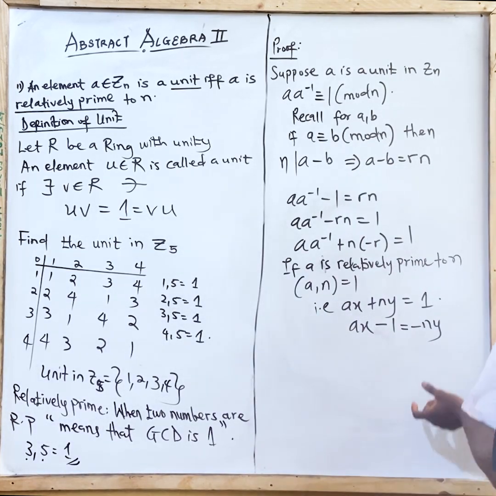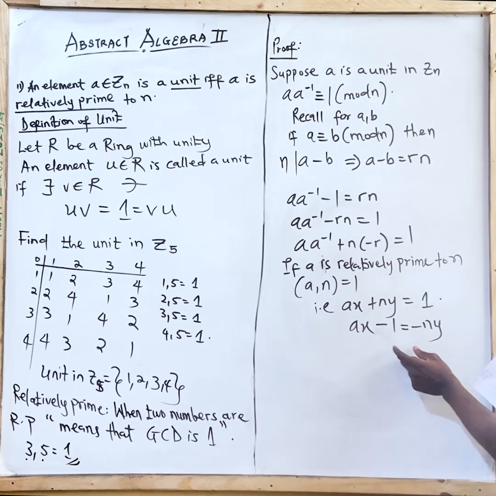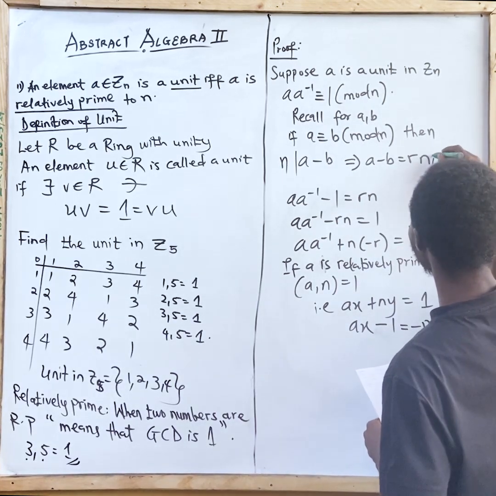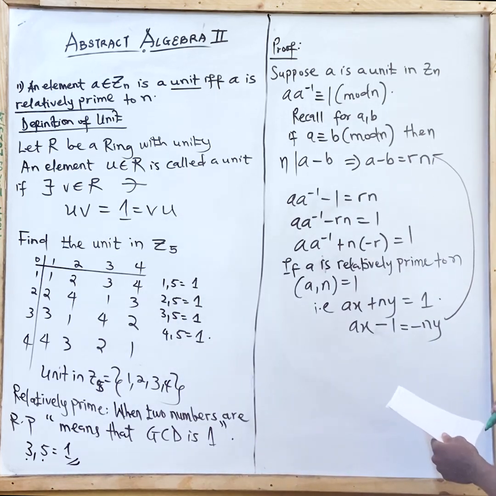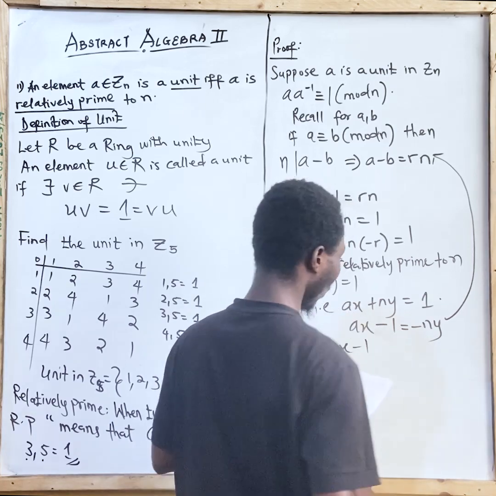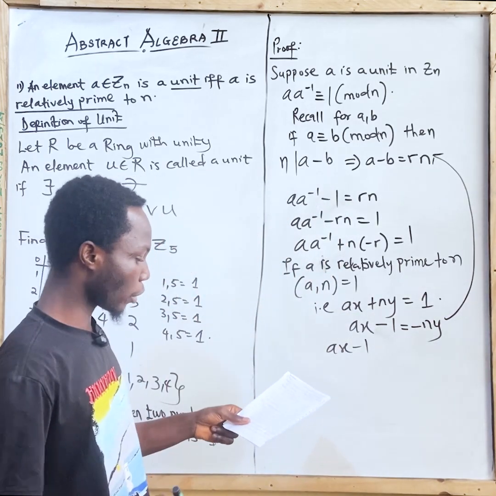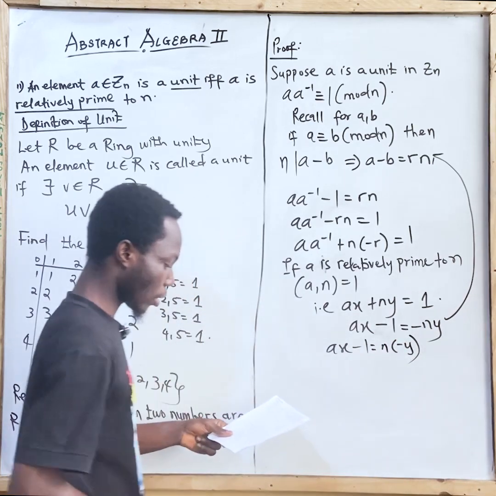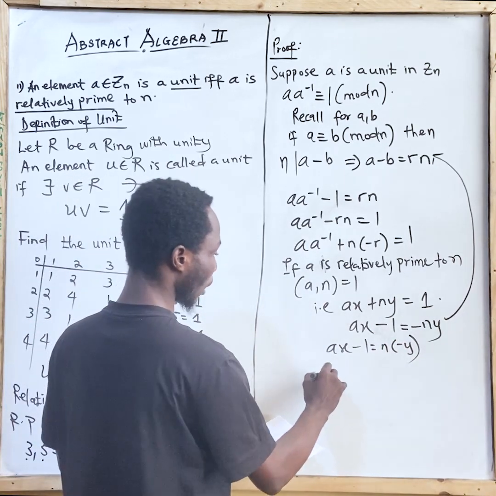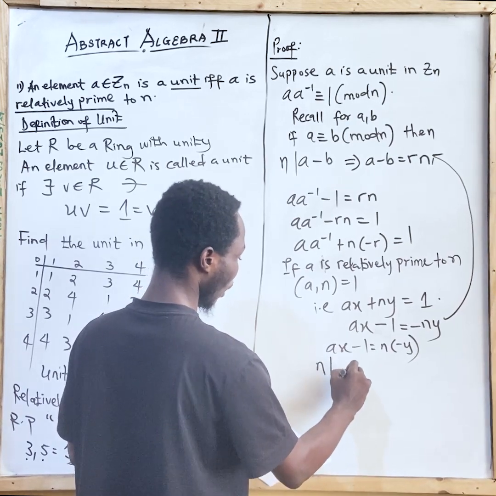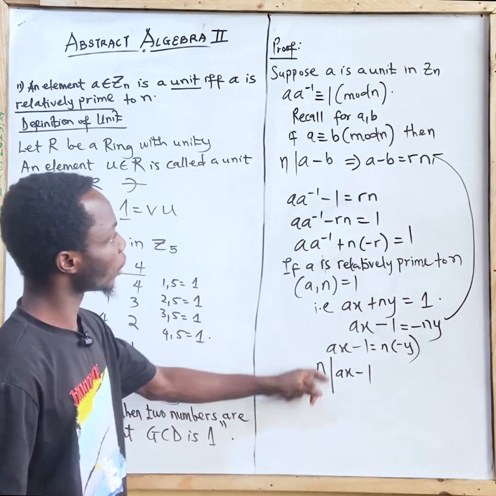So Ax to the other side, minus 1 equals minus Ny. Now when you look at this, you see that it's conforming to what we have here. So you have Ax minus 1 equals N times minus Y. And this basically means that N divides Ax minus 1.